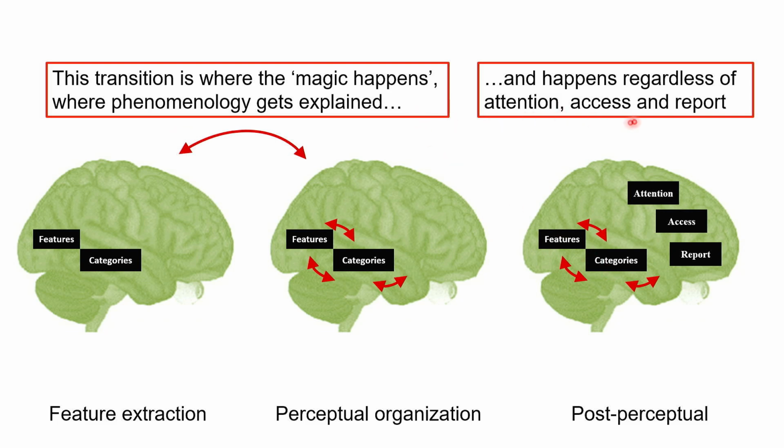Because all of this happens regardless of attention and access and report. That's why recurrent processing argues this is unconscious, this is where consciousness happens, and this is where post-perceptual both access and report actually happens.